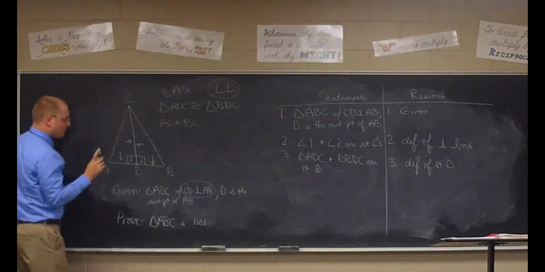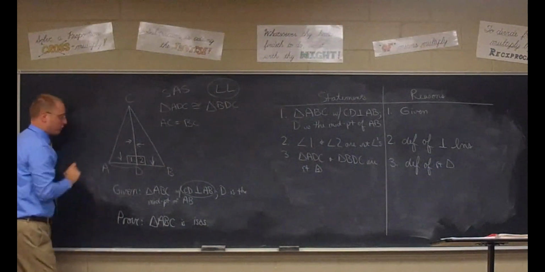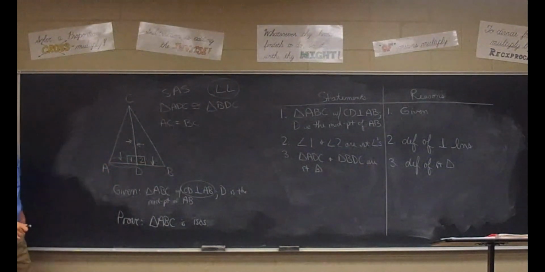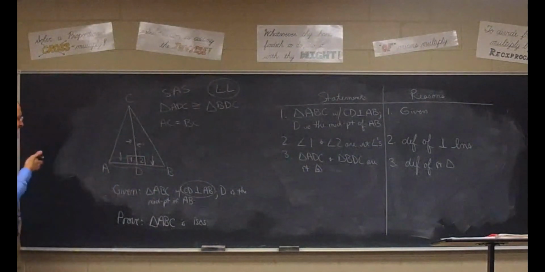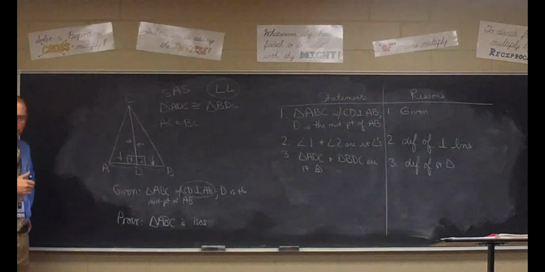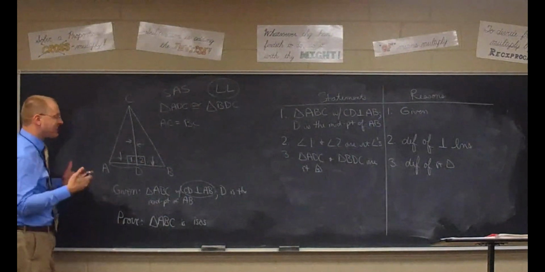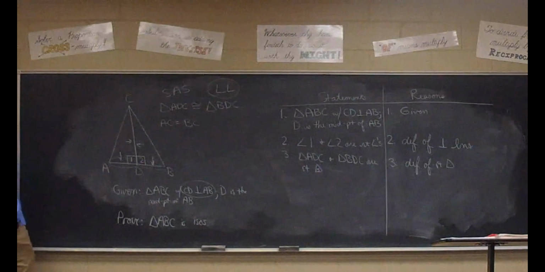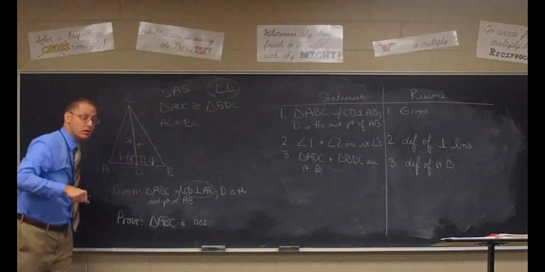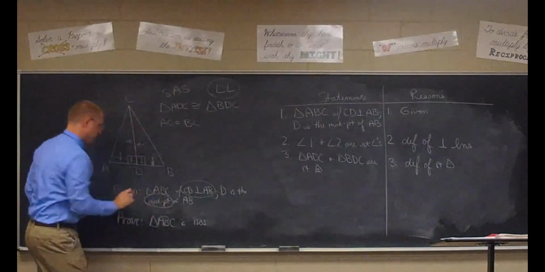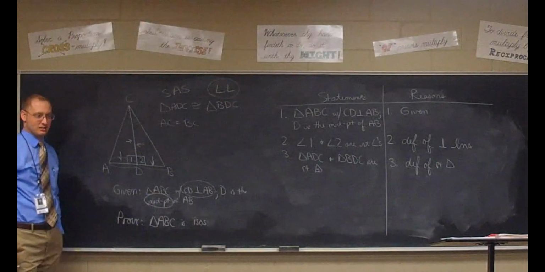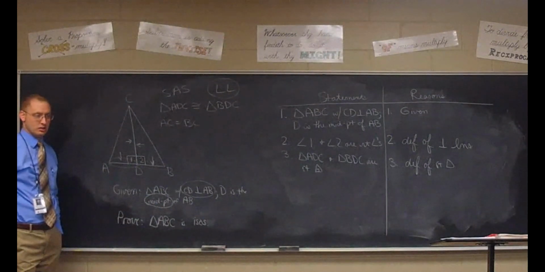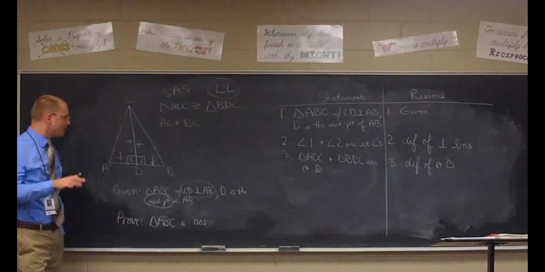Which leg do you think AD would be equal to? CD or BD, class? BD. Probably BD. How could I get AD and BD equal to each other? Is there something perhaps in the given that would tell me that AD and BD might be equal? D is a midpoint. So what's a midpoint, Genesis? It's a point that divides a line into two equal parts.